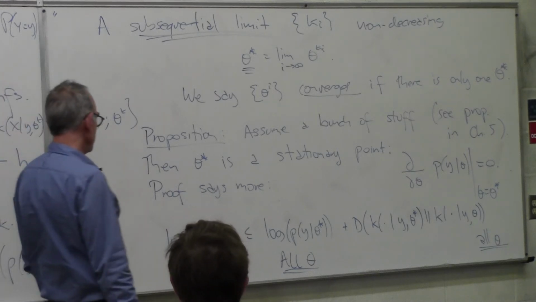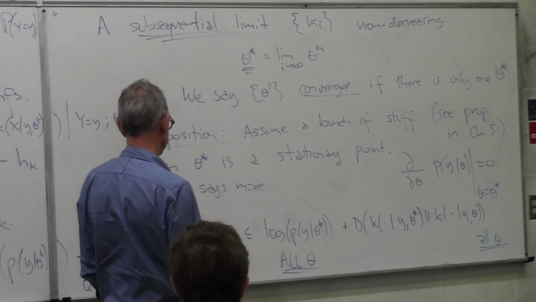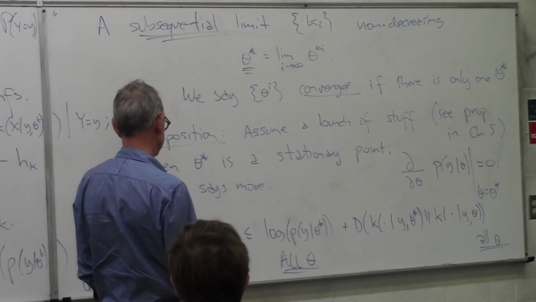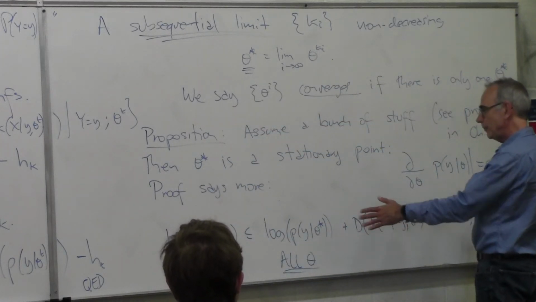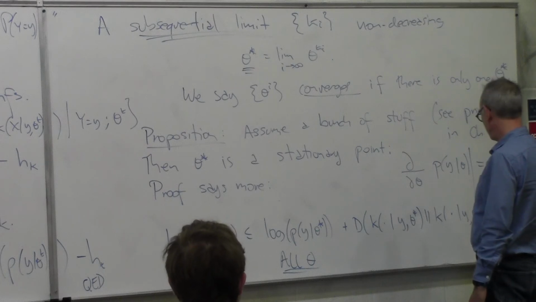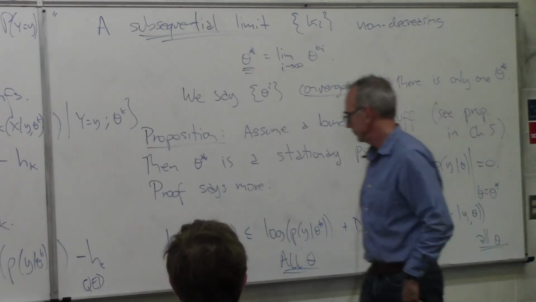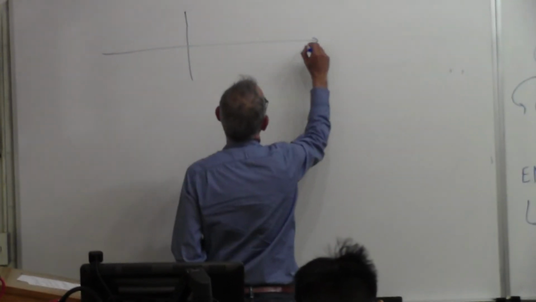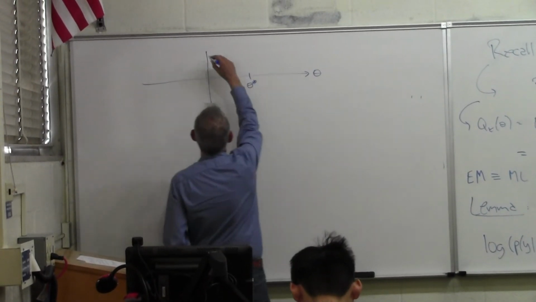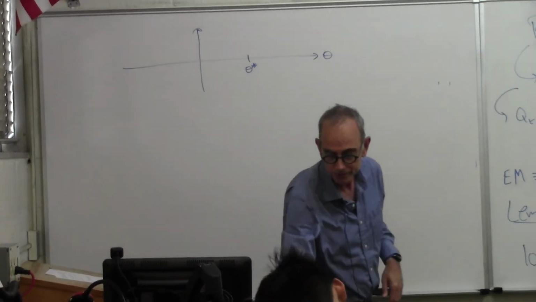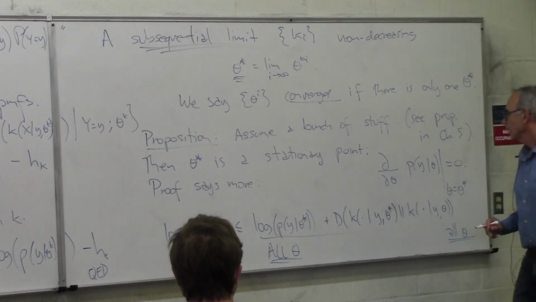Can you see it geometrically? So basically you're comparing two functions. I've got the right-hand side, which is the big fat guy.